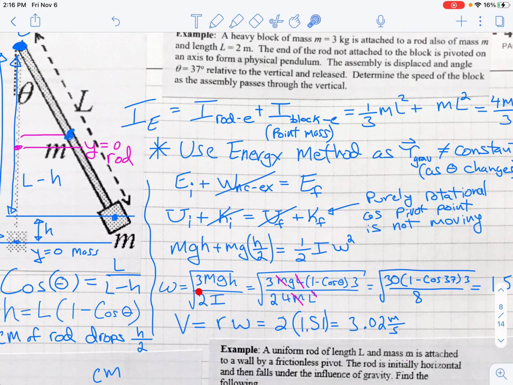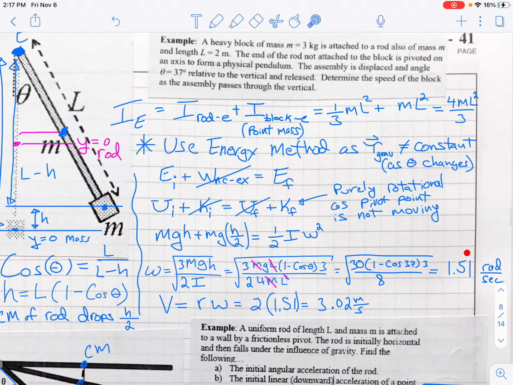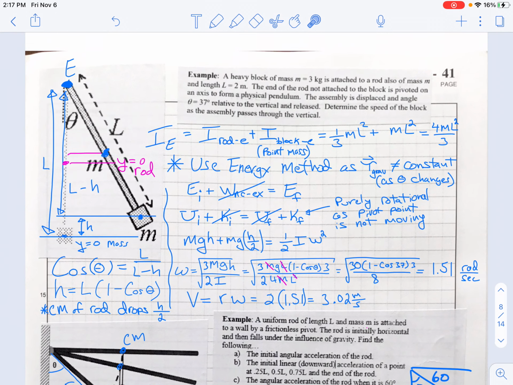So I solved this out for omega, which I found is a decimal, and then I went back and did r omega to find the velocity at the very end. I could have done this earlier. It's just a matter of preference.